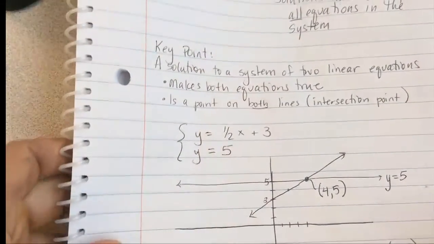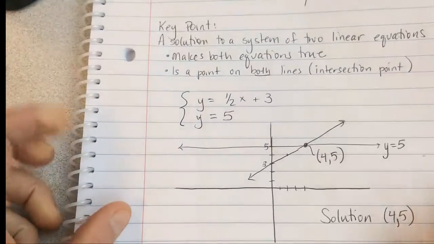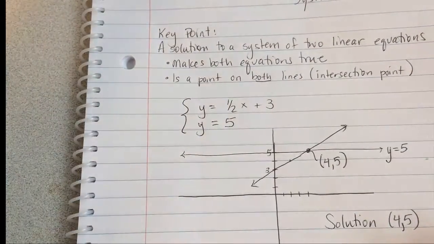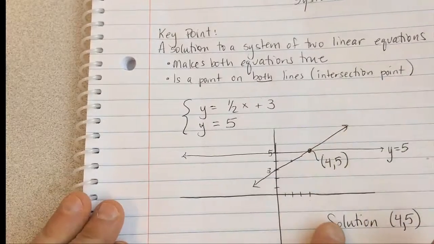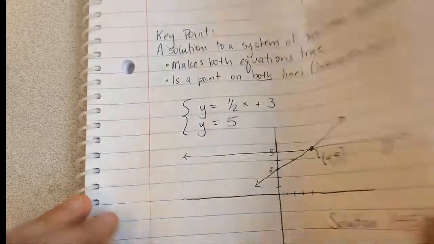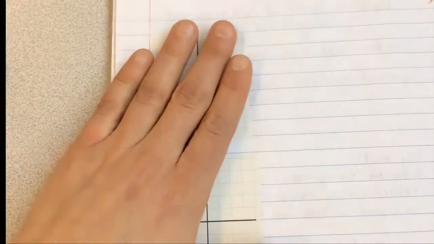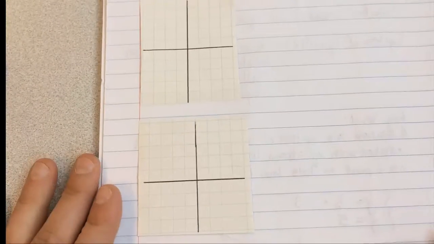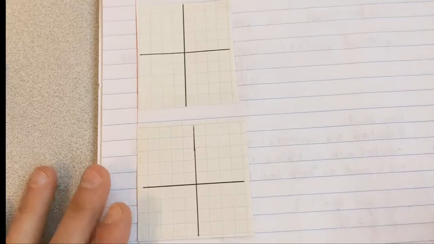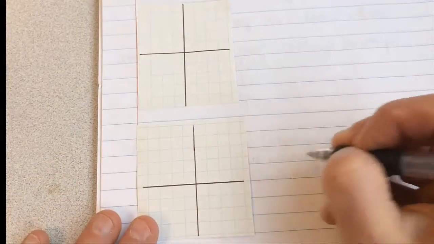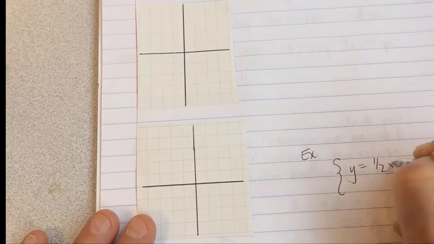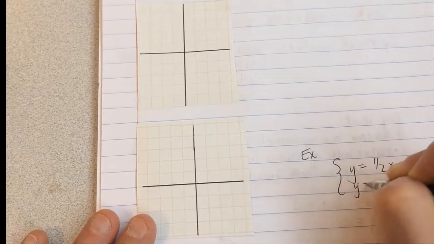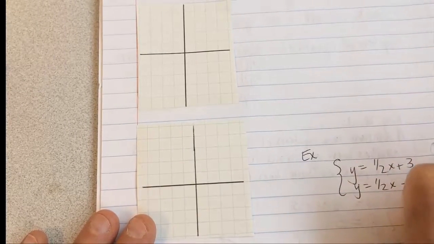Now, there are other things that can happen when you have a system of equations, which kind of goes back to the last thing we did in chapter 5. Besides having that one solution, that one point of intersection, think about what might happen if you have two lines, like say y equals 1/2 x plus 3 and y equals 1/2 x minus 1.